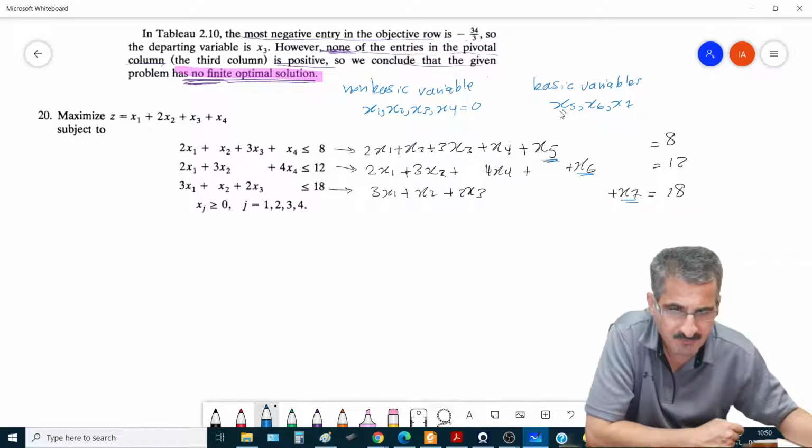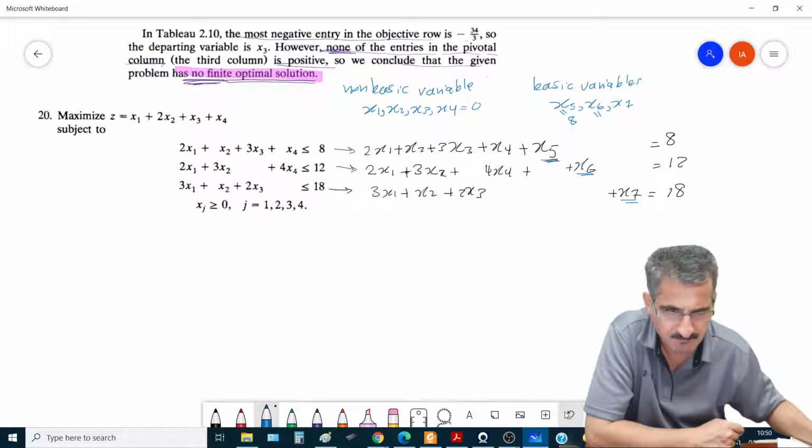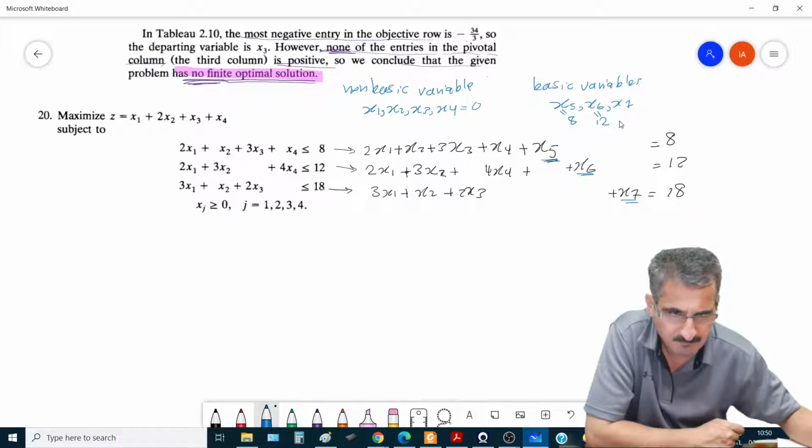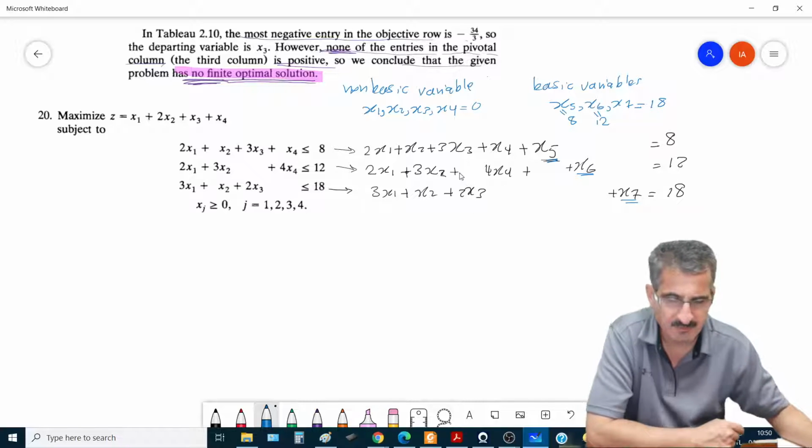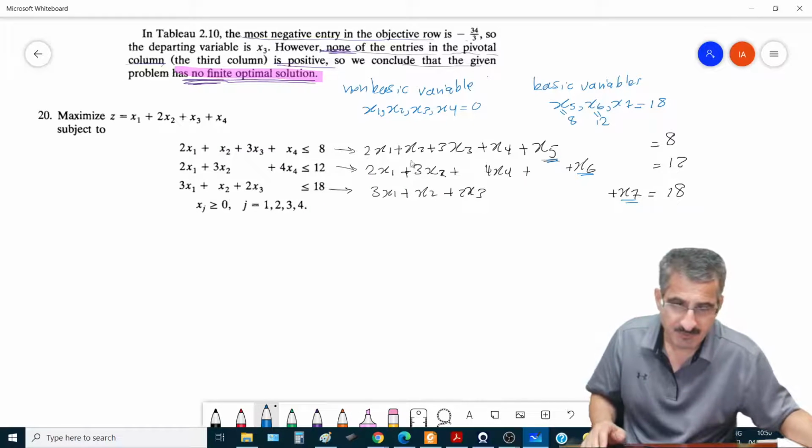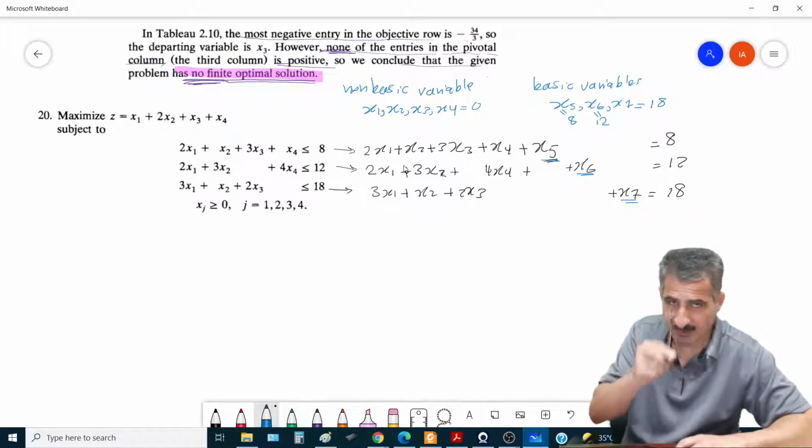Then this will be 8, this will be 12, and this will be 18. So this is the initial solution we have.